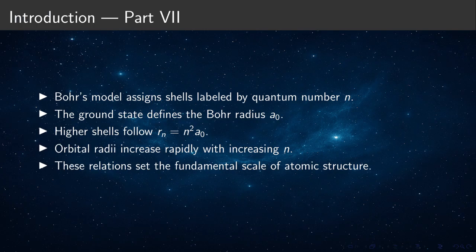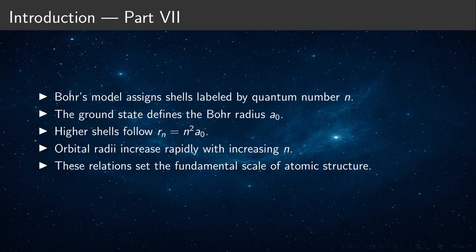Each value of n corresponds to a specific allowed orbital radius. The ground state, n equals 1, defines the Bohr radius, a0, approximately 5.29 times 10 to the minus 11 meters, which sets the fundamental scale of atomic structure.